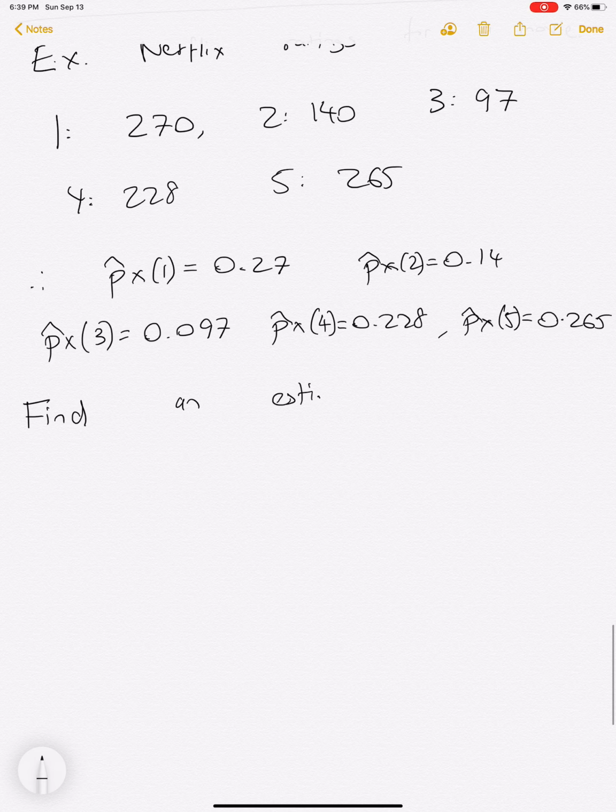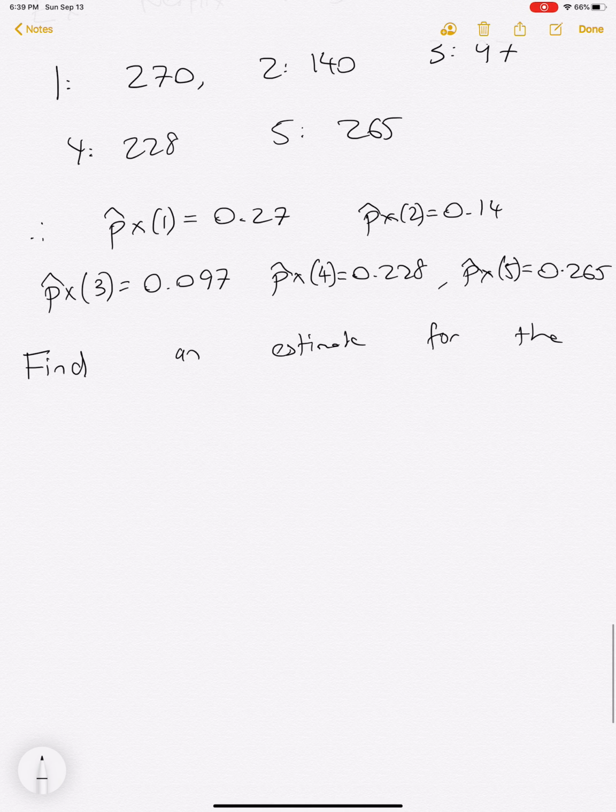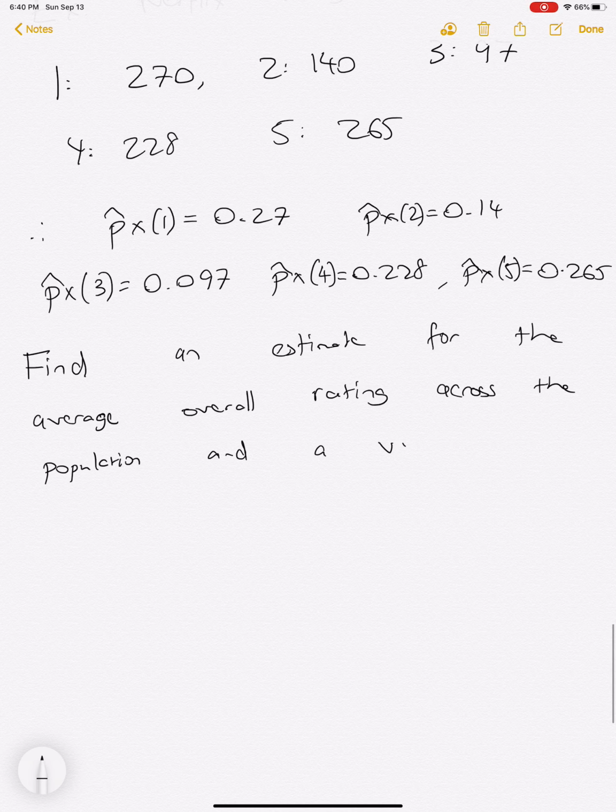So we want to find an estimate for the average overall rating and a variance measure.